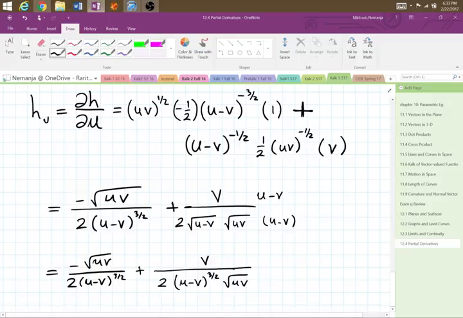So what I'm going to do, and there is a u minus v here, is multiply numerator and denominator by the same thing on the other one, to make them the same.